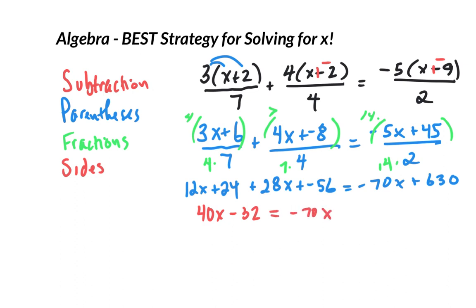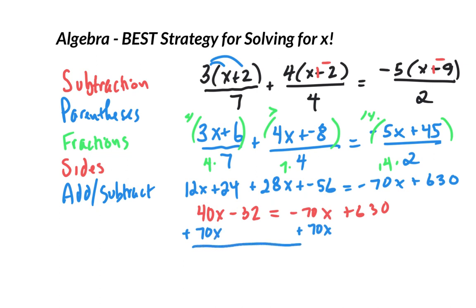I don't need to do anything to that. Next, we are going to add. I'm also going to subtract to get all the x's on one side and the non-x's to the other side. So to do that, I would say I want the x's all on the left. They can be on the right as well, but I just usually prefer to move the x's left.